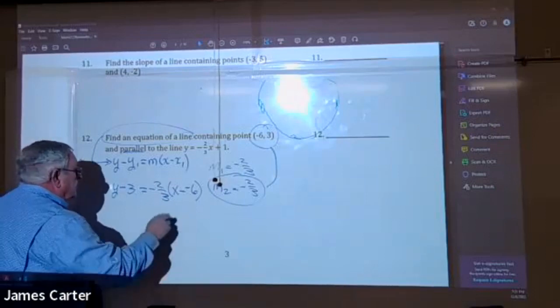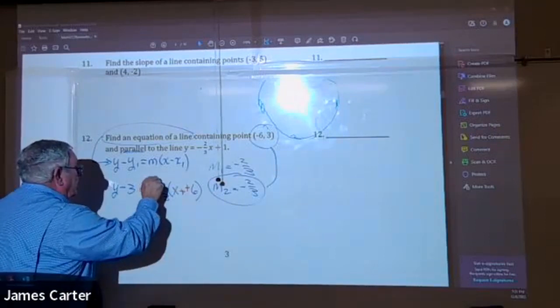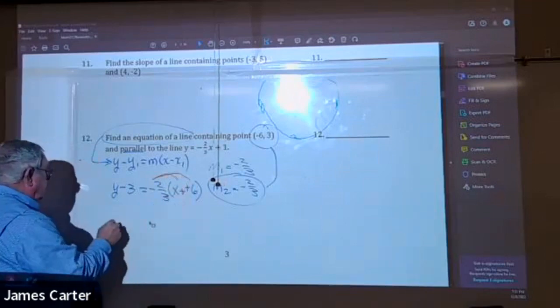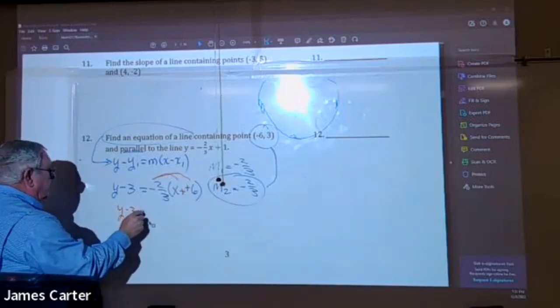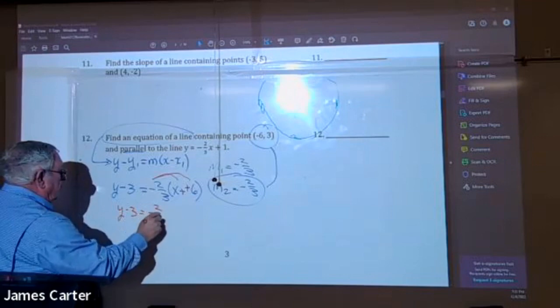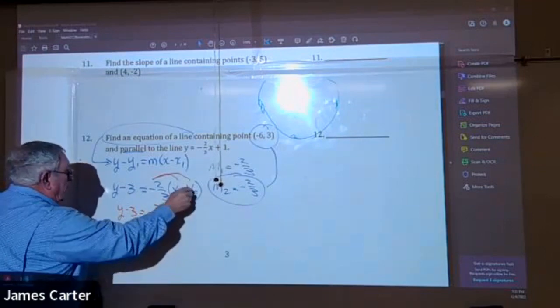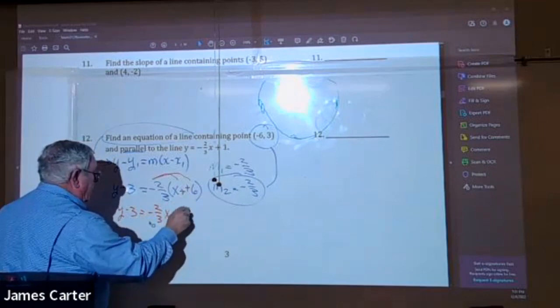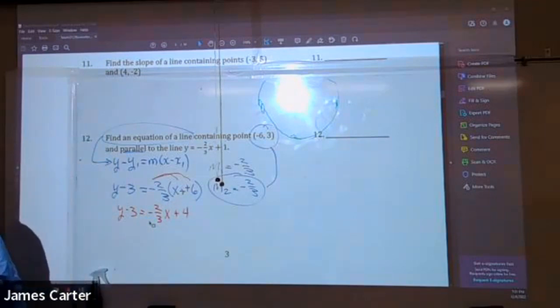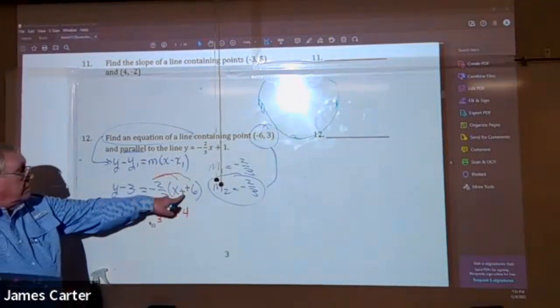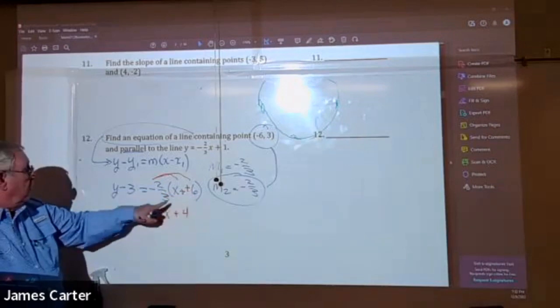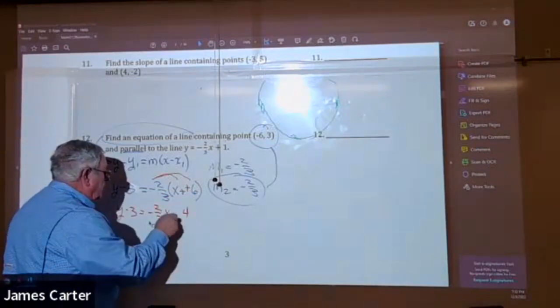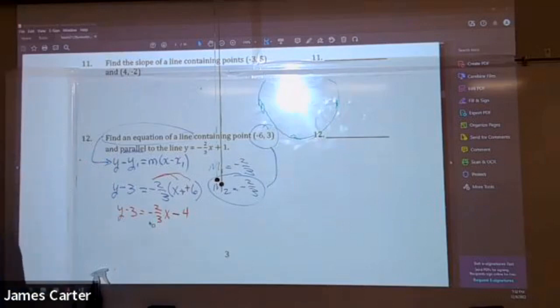So first thing I do is that, and then I'm going to distribute this, so I get y minus 3 equals -2/3 x. And 2/3 of 6 is 4. Anyone need me to show you that? Negative makes positive. Oh wait, this one's negative. So yes, it would be negative. I've got 3 negatives, so it would be negative.